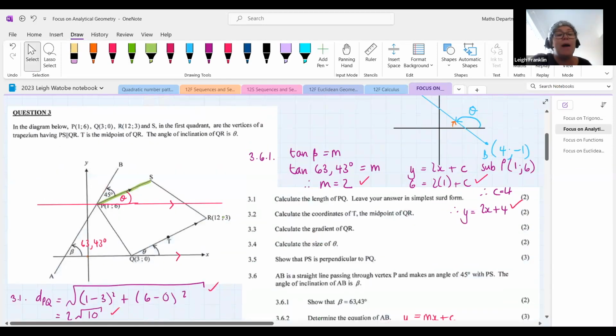So now I need to go back and have a look at what I've got. Would it be 5 or would it be 7? Looking at the diagram at S, how would you know whether y was 5 or y was 7? Looking at the picture, anyone got any ideas?